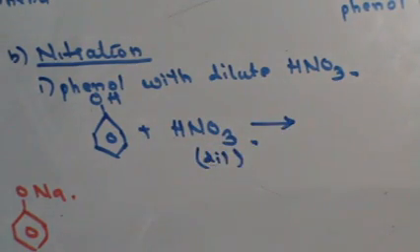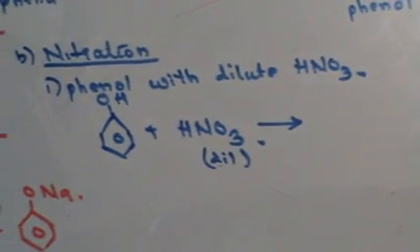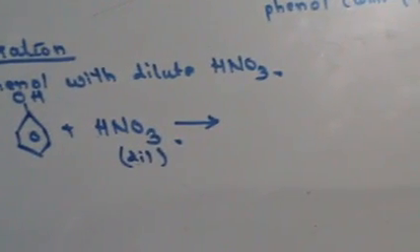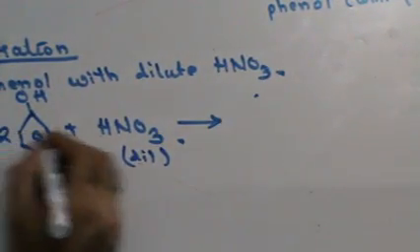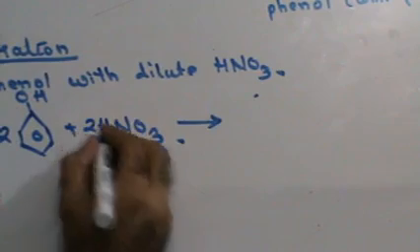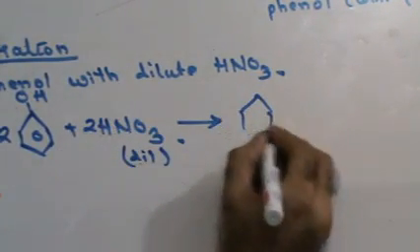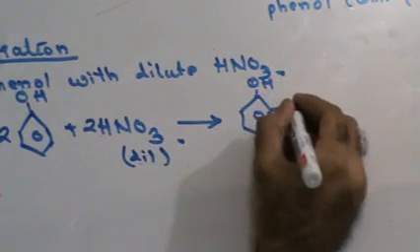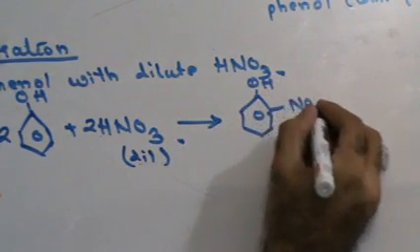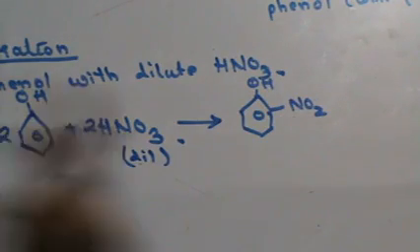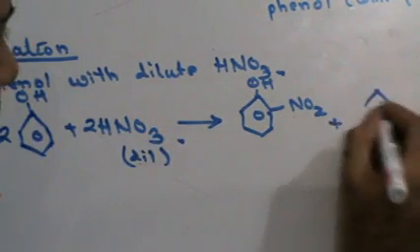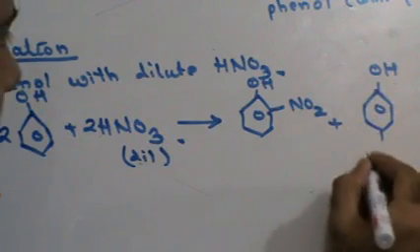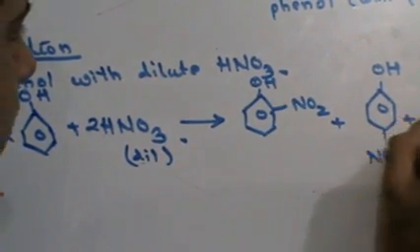In this case, you will get O-nitrophenol, P-nitrophenol, and water. You need two molecules here and you need two of this. So you will get O-nitrophenol plus P-nitrophenol plus water.